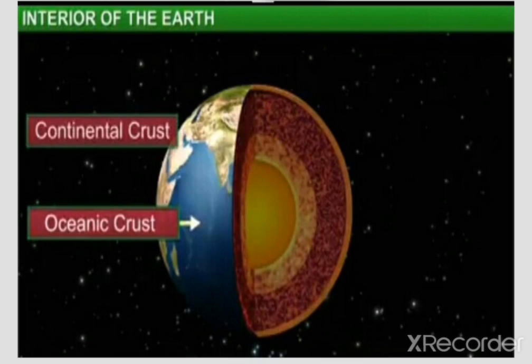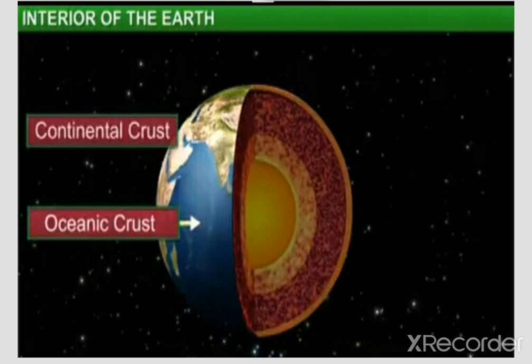Is that clear everyone? So in the continental crust, below the continents, the thickness of the crust is from 16 to 45 kilometers. And 40 kilometers is under the mountain ranges, and 10 kilometers is under the ocean.